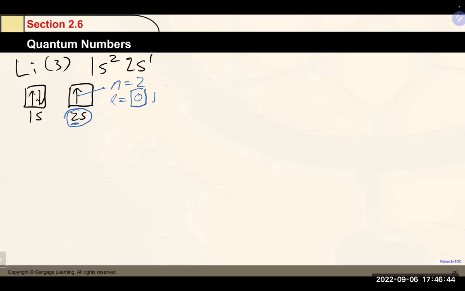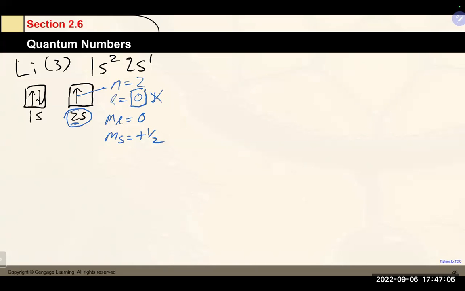It would not be 1, because 1 would represent a p orbital, which is not where this electron is. The m sub L here would be 0, as that's the only option you could get with an L that's equal to 0. And our spin quantum number here would be plus 1/2.